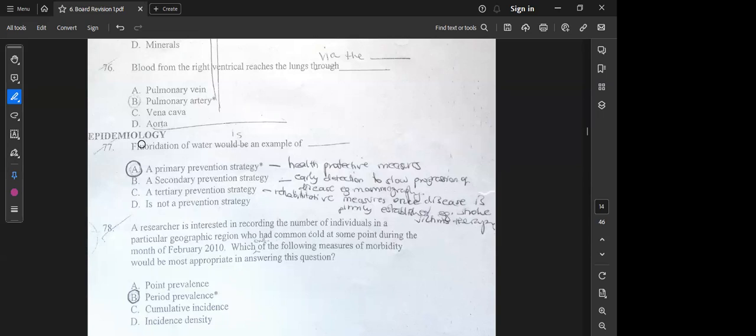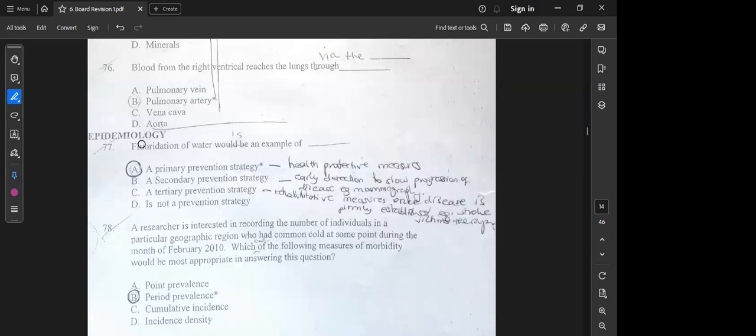What's the difference between the point prevalence and the period prevalence? Because point prevalence is the measure at an exact date. Period prevalence is months. Point is static, like today.